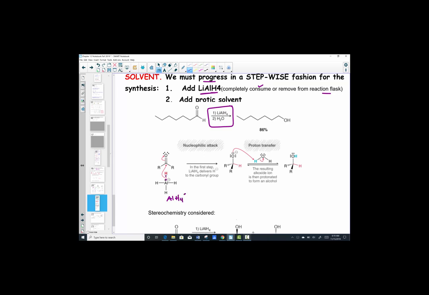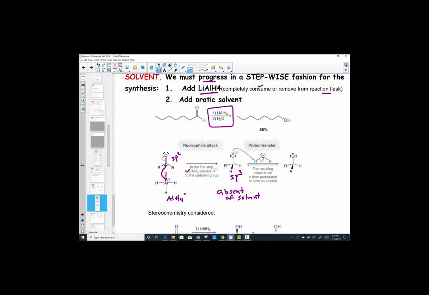This hydride is going to be transferred, turning an sp2 into an sp3. That's the same step, but now remember, this is absent of the solvent. Very critical is that the first step must be absent of the solvent, otherwise a violent reaction will occur.